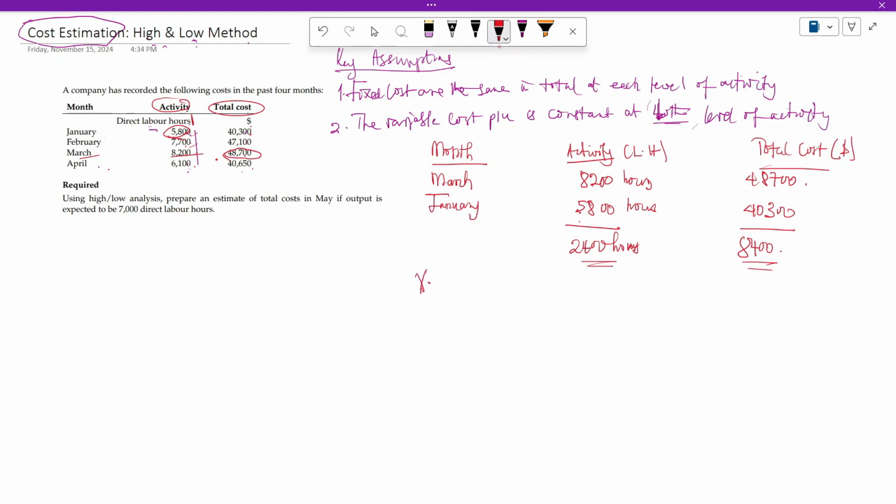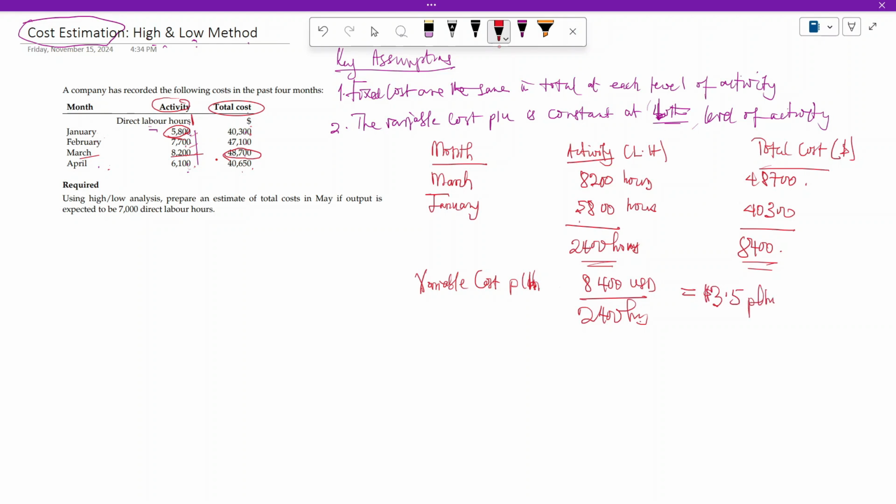That is going to give us the variable cost per hour. So this is 8,400 US dollars divided by 2,400 hours, and this is going to give us $3.5 per hour.